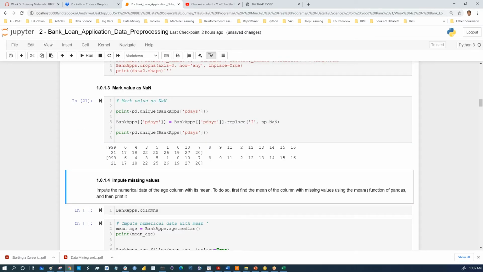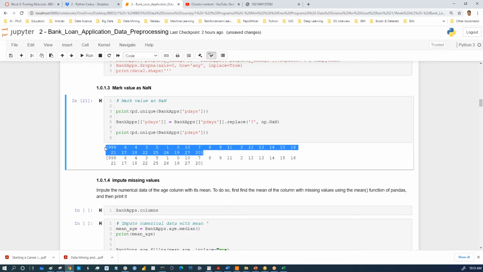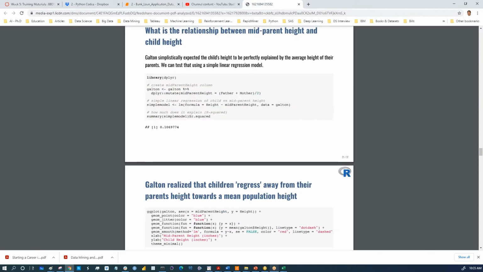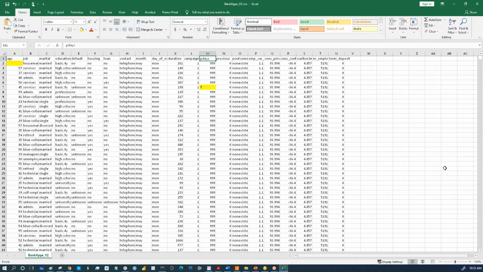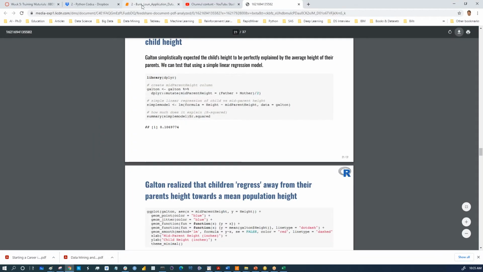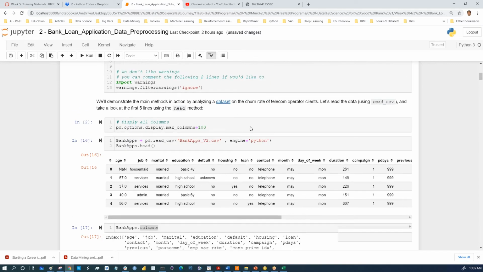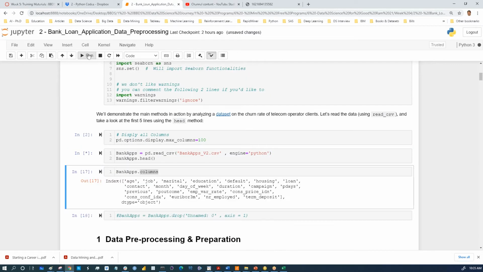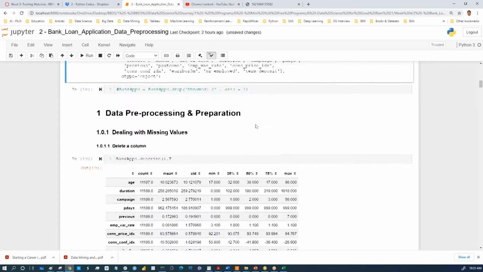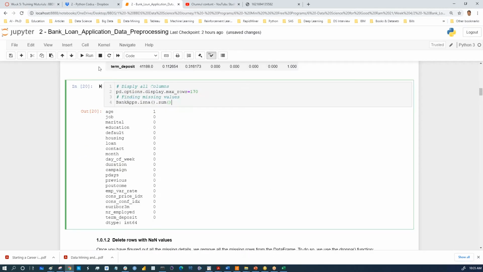So here we go. These are unique, but I know there is a pdays. Oh, I did not save this. So let's save this. And now I'm going to read my data one more time. There we go. Now take a look into the missing values.